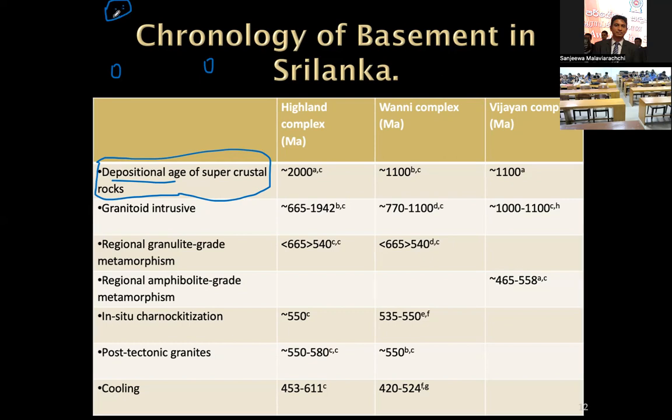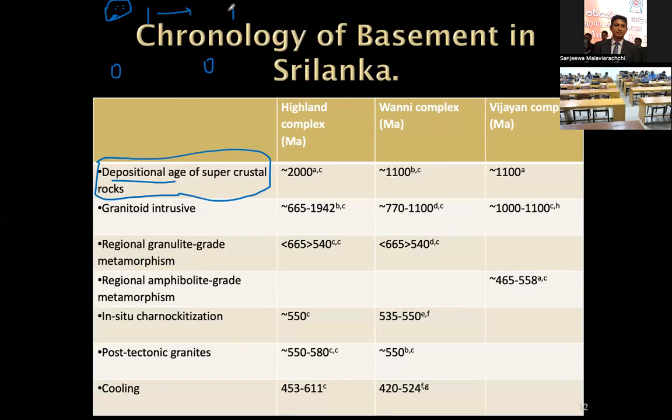So the metamorphic age may be the youngest age, but the other ages that you get are older ages, which correspond to the precursor material ages. But at least you can get some time frame by getting the minimum age and the maximum age, just to say that the deposition may have completed by this age.